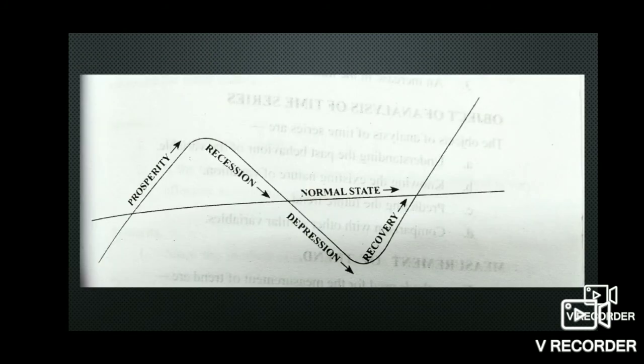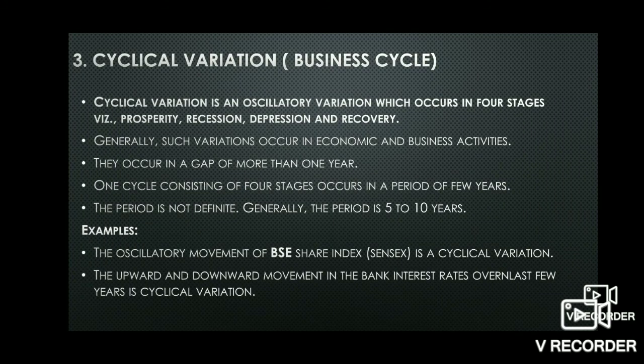So here you can see the cycle. First there will be prosperity, and then recession, and then depression and then recovery. One cycle which consists of 4 stages can occur in a period of a few years, and generally the period is 5 to 10 years.